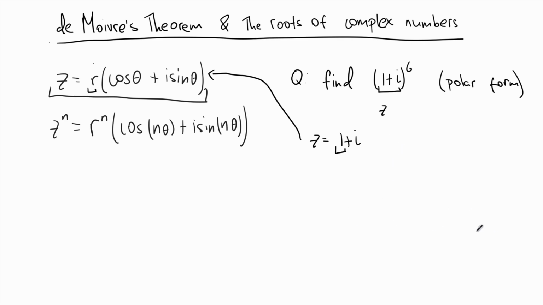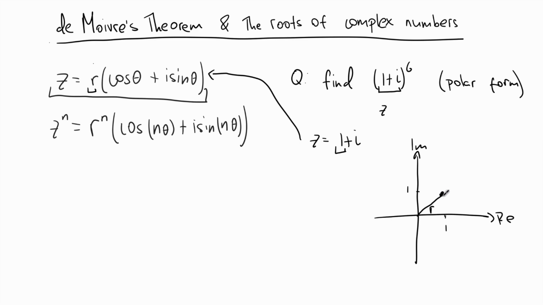I'll have to resketch this real quick. Right here, we have real again, we have the imaginary part, and we have 1 here and 1 here as well. Now, our point would lie somewhere here, as it's (1, 1). And this line from the origin connecting to our point is called the modulus. It's the r. This is what we're trying to find.